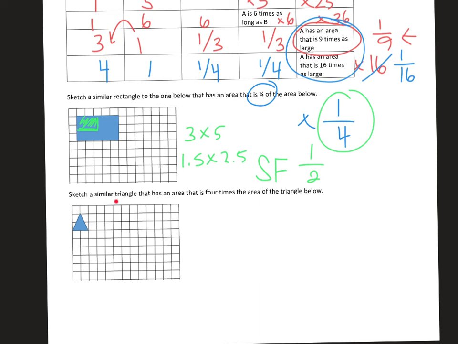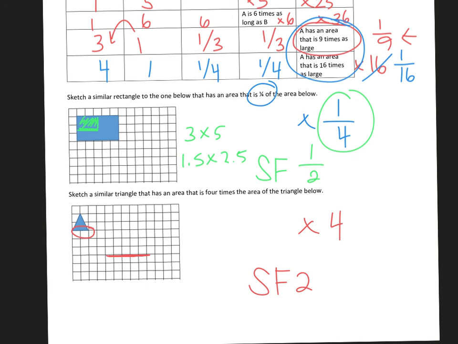Last one, sketch a similar triangle that has an area that is 4 times the area of this one. So in order for it to be 4 times, remember, what number do you multiply by itself twice to get 4 is 2. So scale factor is 2. So I'm going to double the length, or the base, to be 4.